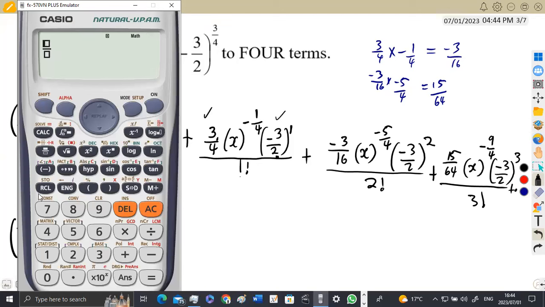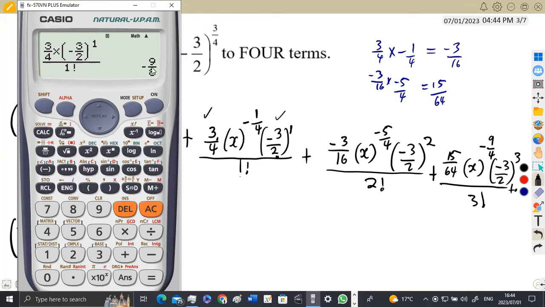So you're going to have it as a fraction, 3 over 4, times negative 3 over 2. So you're going to put a bracket here, negative 3 over 2 to the exponent of 1, which does not affect actually. All right, so over 1 factorial. 1 factorial also does not affect, but just for the revision part.